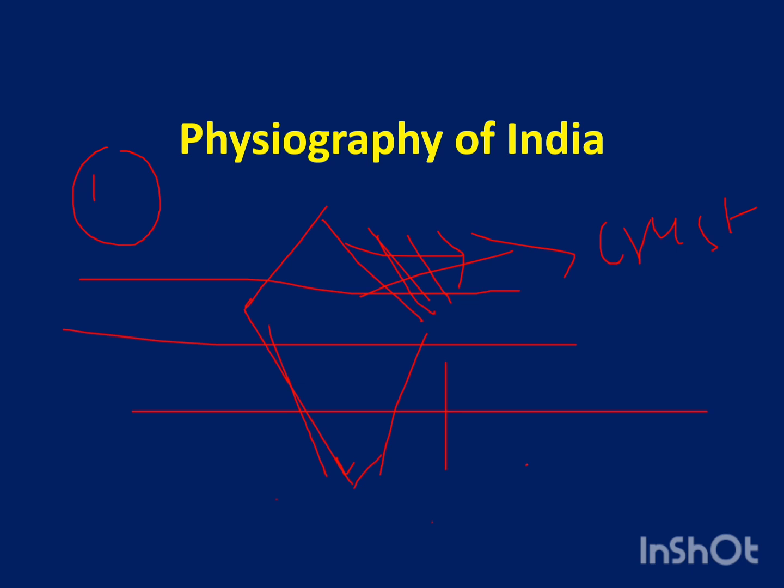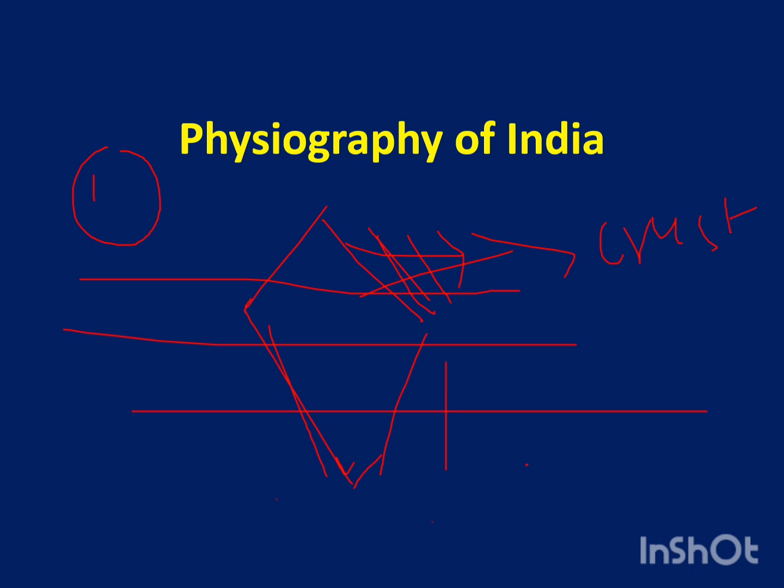So the width decreases from west to east, while the altitude variations are greater in the eastern part than in the western part.